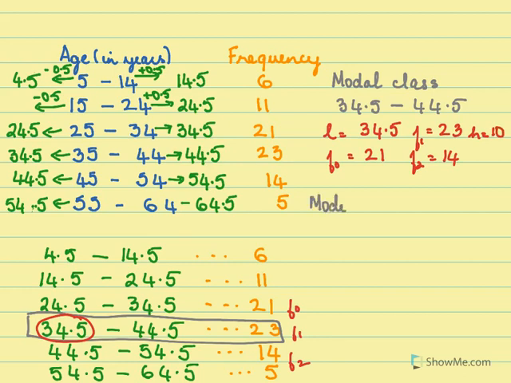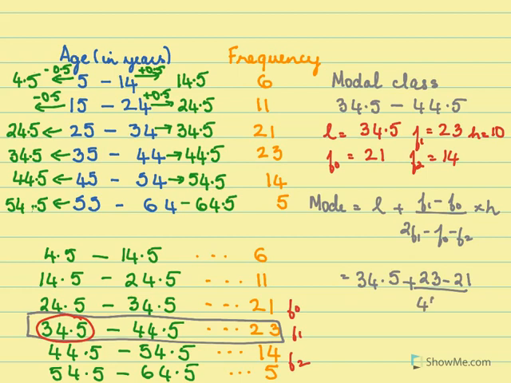We'll find the mode. Formula for mode, we know L plus F1 minus F0 over 2F1 minus F0 minus F2 into H. So your L here is 34.5. F1 you see is 23 minus F0, 21, over 2F1, 2 into 23, that is 46, minus F0, 21, minus F2, 14, into H, 10.